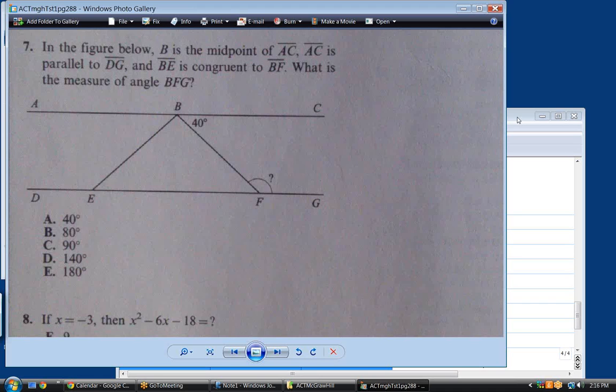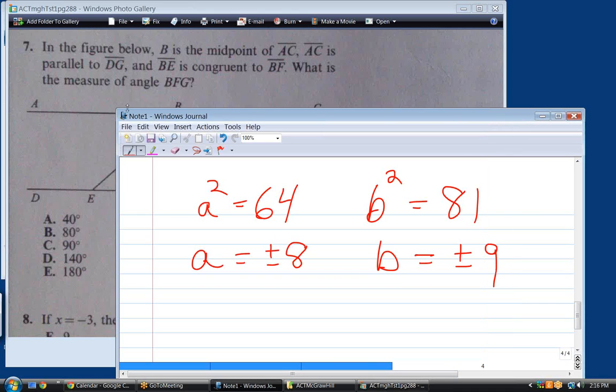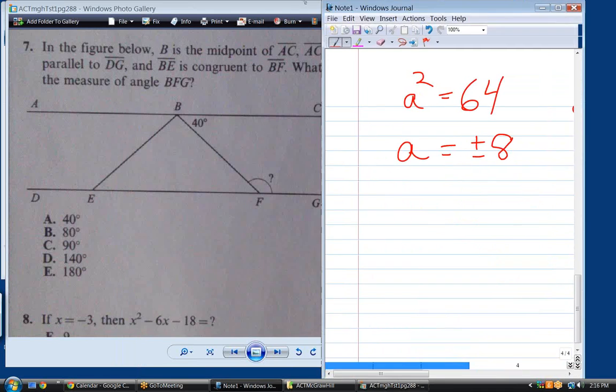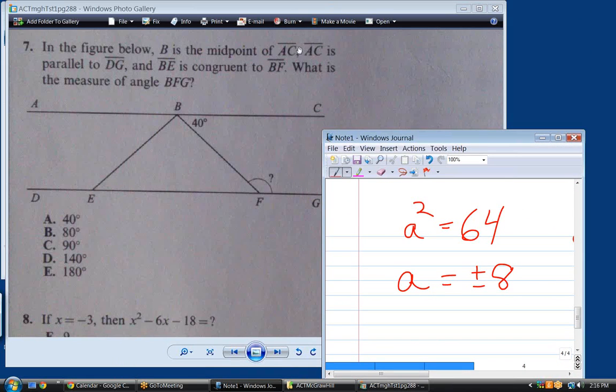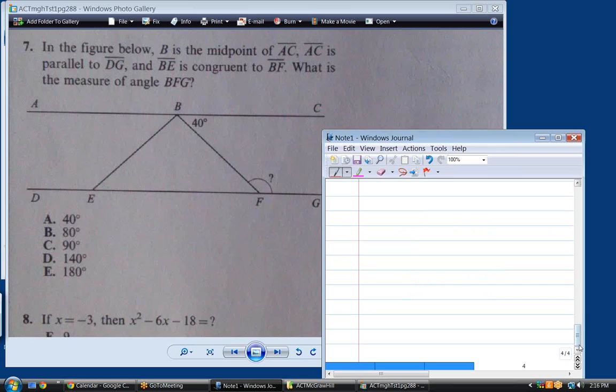Okay. That's good. Let's just talk a little bit about parallel lines and transversals. Incidentally, notice that this first part of the sentence is immaterial. In fact, it doesn't even make sense because they don't even mark off what AC is. So how can B be the midpoint of AC? And it's not critical to the answer. It has nothing to do with the answer.